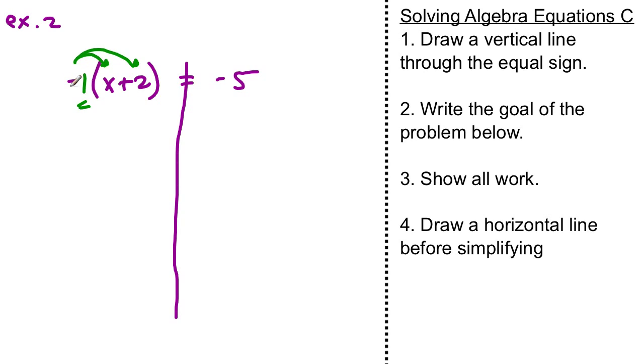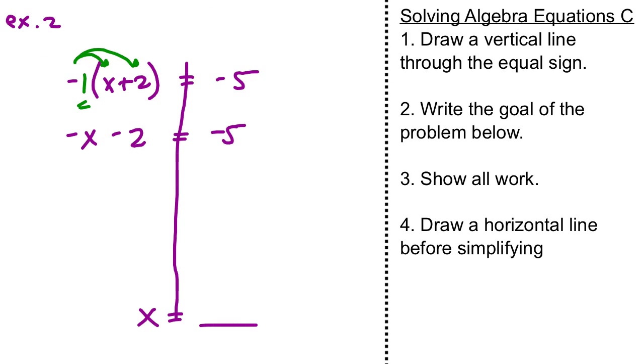Okay, when we do that, negative 1 times x is negative x, negative 1x. And then negative 1 times 2 is minus 2. Cool. And then we want to write out the goal of the problem. Remember, it's to find x is equal to a number.